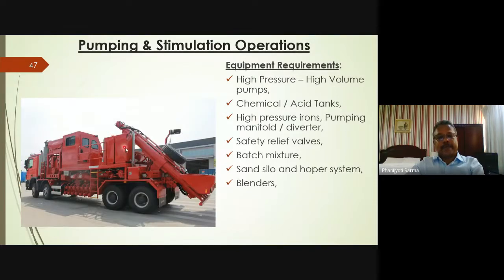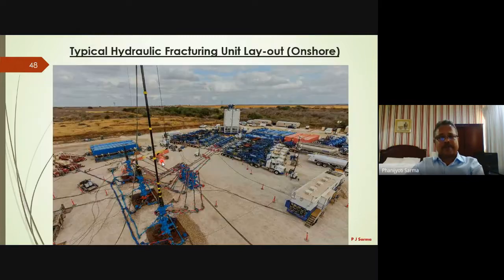And the blender will be required in order to do the frac operation or the hydraulic fracturing. Then a data acquisition system, so that you monitor all the data parameters and your operation is going smoothly. And obviously, you have to have control panels and an ESD system. Those are the equipment required for the pumping operation or stimulation operation.